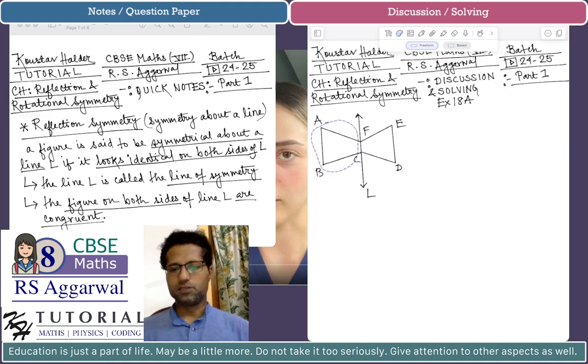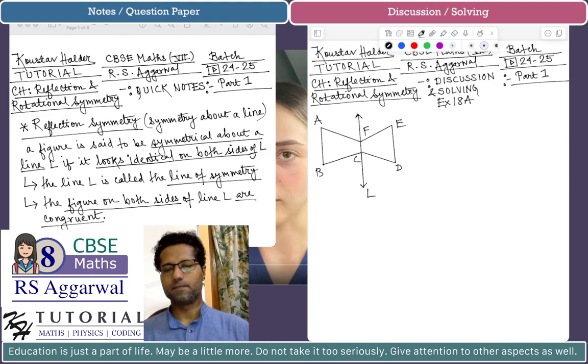So this looks identical. Now, what does identical mean? Identical means they are congruent. The figure looks identical on both sides of the line, which means that some part of the figure is on one side of the line and the other part is on the other side. Both the parts of the figure are congruent. That is what it means, that the figure looks identical on either side of the line L.